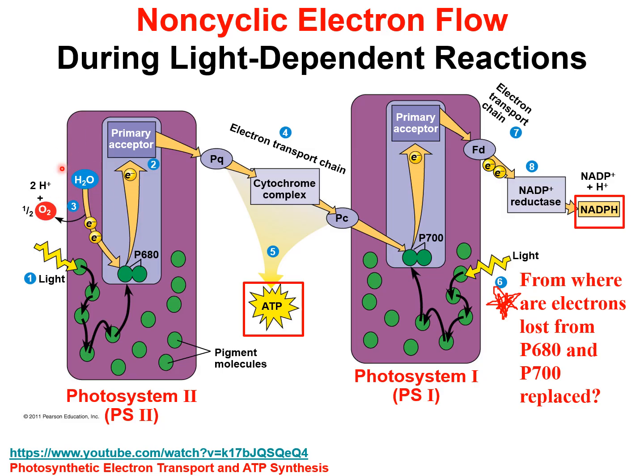We split the water apart, take the electrons off water, and then those get boosted up by the light energy, go down the electron transport chain, get boosted up by more light energy, and finally end up on the NADPH. In the process of breaking apart the water, we make oxygen as our waste product. So to answer our question, from where are these electrons replaced? They're replaced from water. That would be good to know.